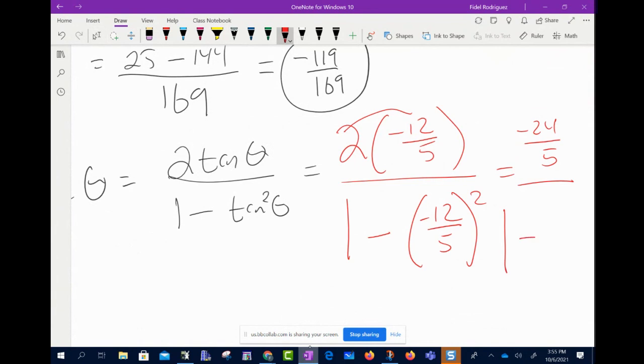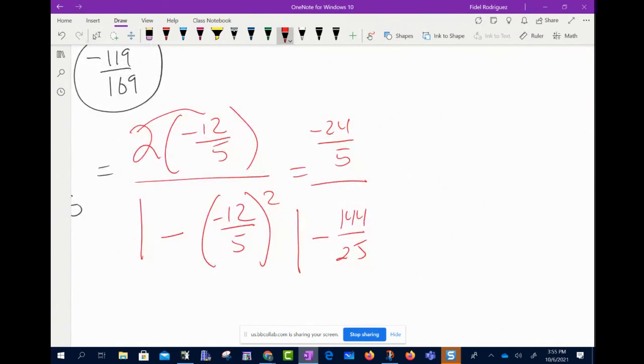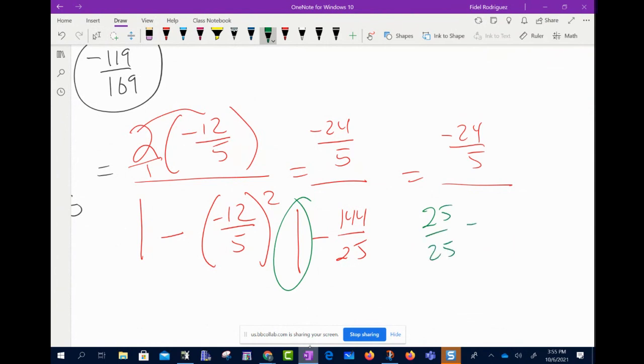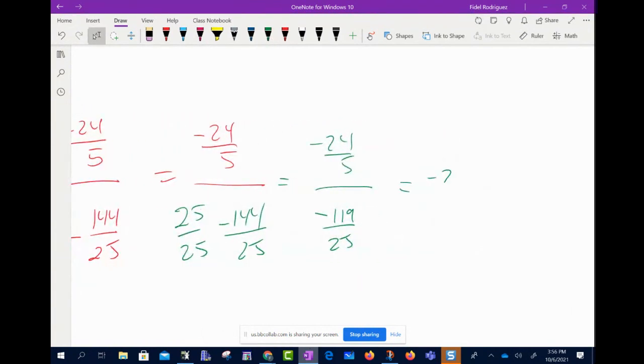1 minus 144 over 25, because 5 squared is 25. Think about it like 2 over 1, right? Good. So negative 24 over 5, and that's a negative 119 over 25. Remember how we divide fractions?